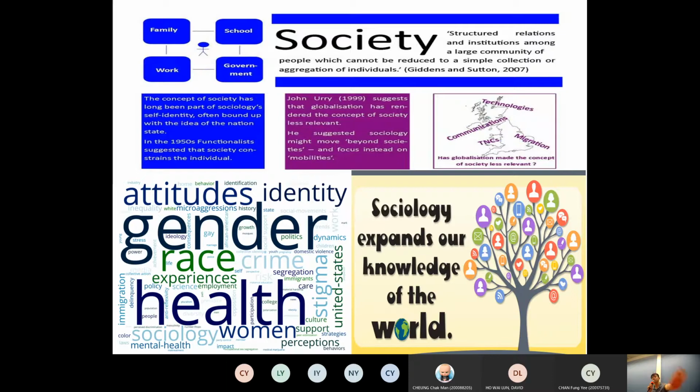So in the middle of this diagram, you may have already found a term in here, the so-called stigma. Why do we have to focus on stigma?